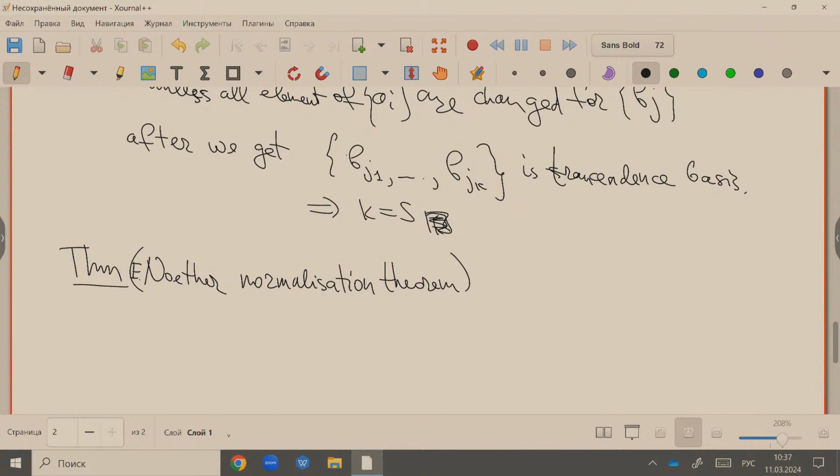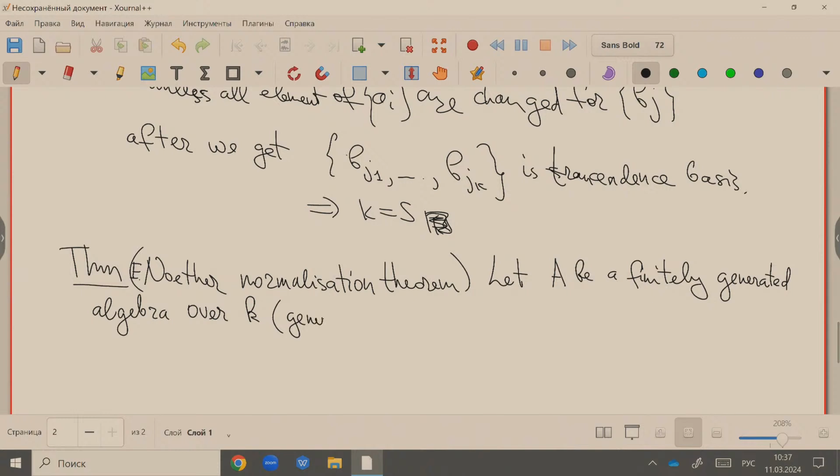So suppose you have a finitely generated algebra over a field, so let A be a finitely generated algebra over K, generated by S elements.